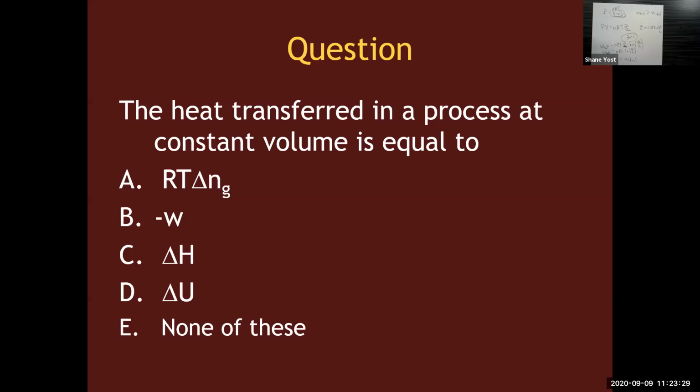At constant volume, delta U and Q are equal to each other. Constant volume heat transfer is the same as your internal energy change. So D here: heat transferred in the process at constant volume is equal to delta U.